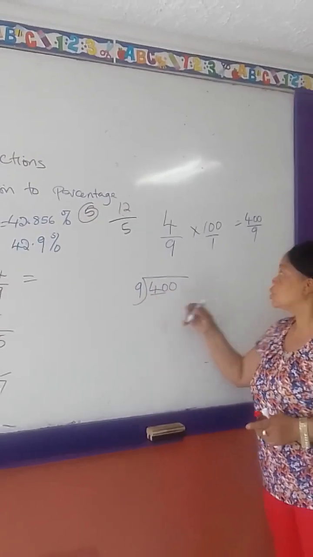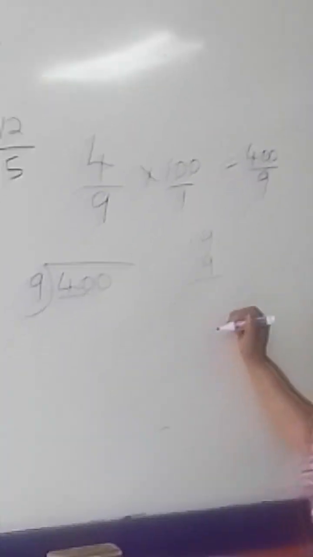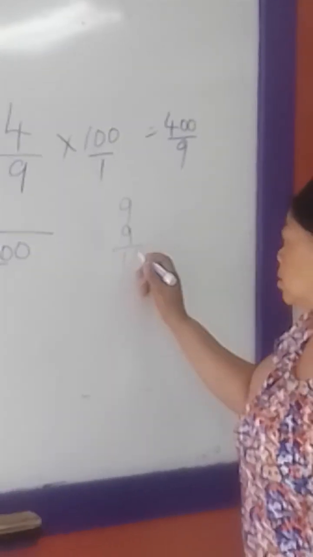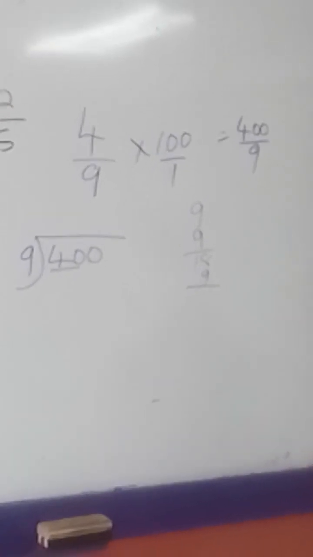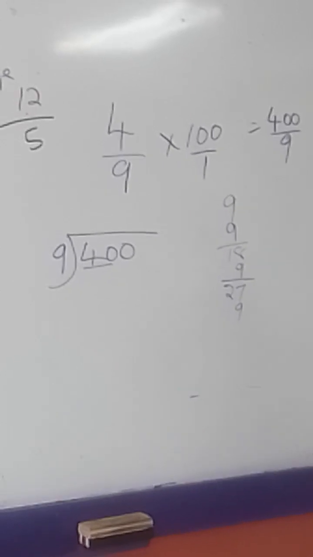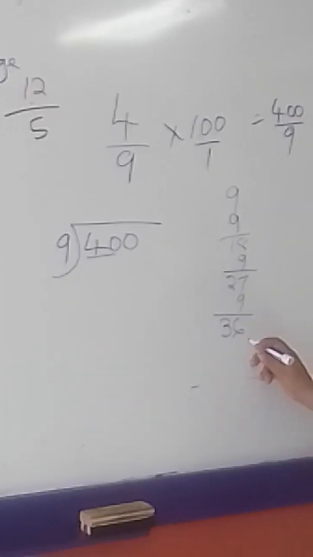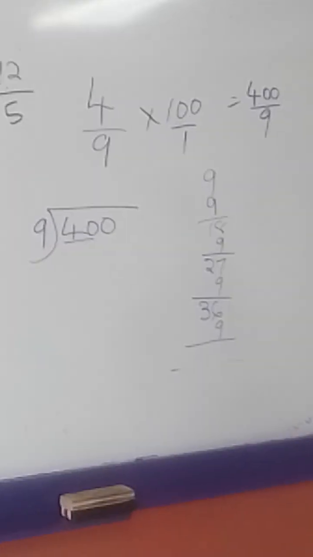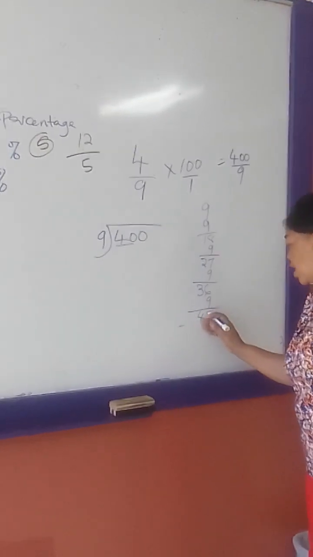So I do 9 plus another 9, which gives me 18. Plus another 9, 27. Plus another 9, 36. Now, if I add another 9, I'm going to get 45.